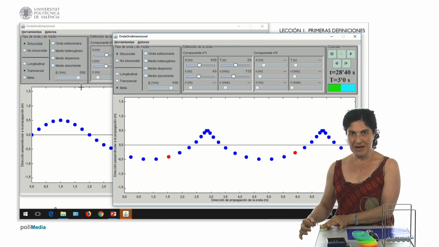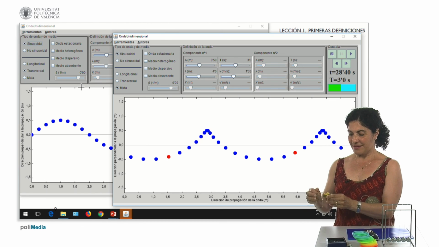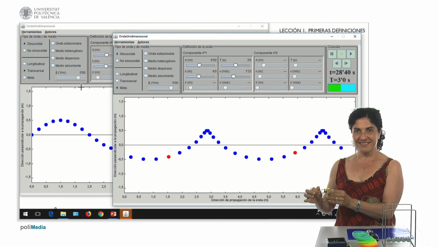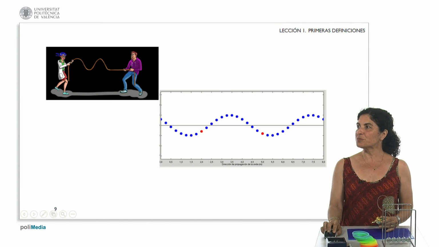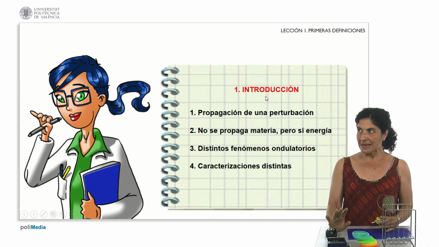We see how the sonority changes a lot. Or outside.